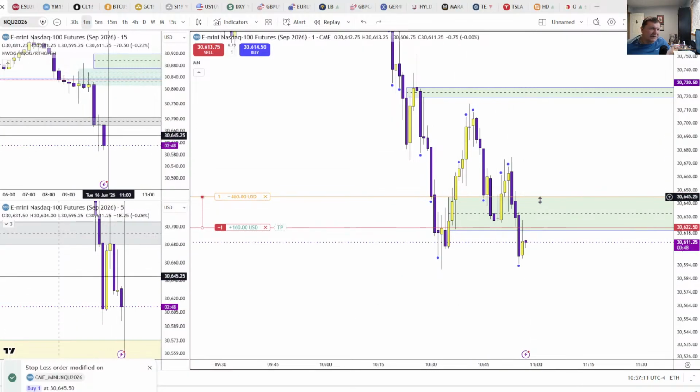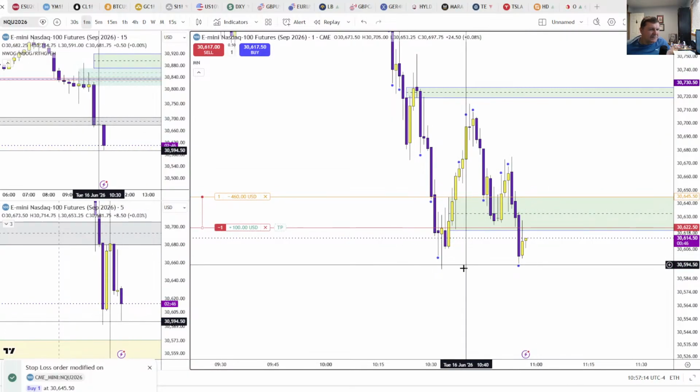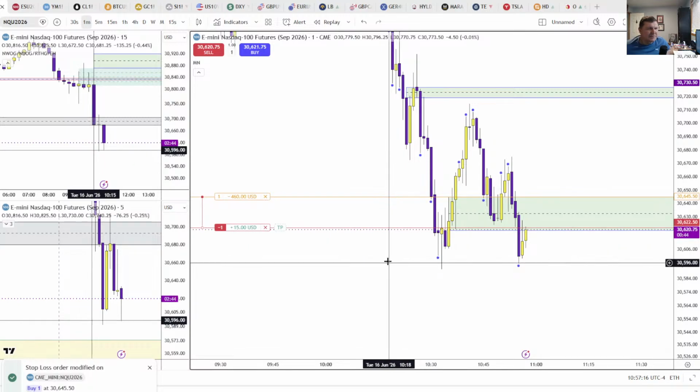Just for more chop, this would come back into here and chop around in here some more, just to be that much more annoying.